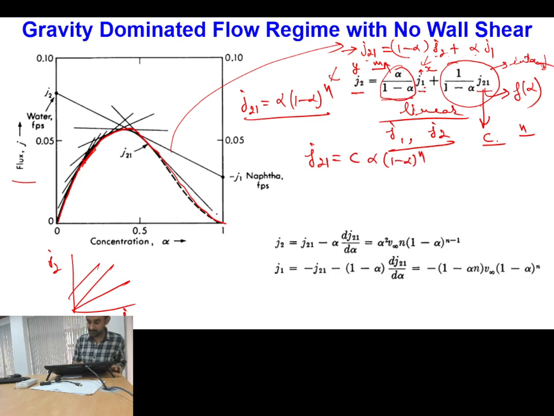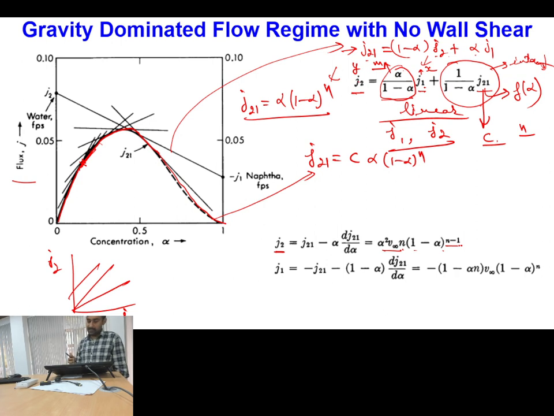This curve follows this equation. If you take the slope of both and equate them, that will be your point of intersection. If you do this mathematical analysis, you will find that J2 can be written as alpha square into V infinity n times 1 minus alpha to the power n minus 1.